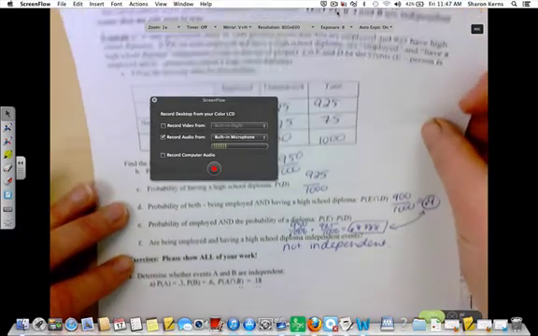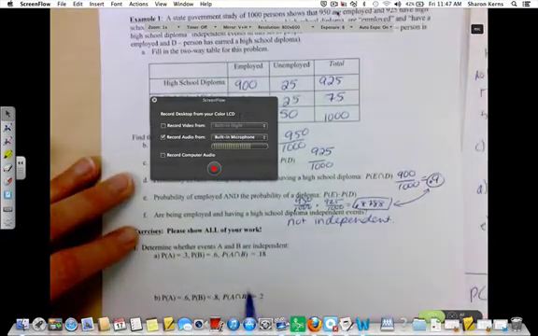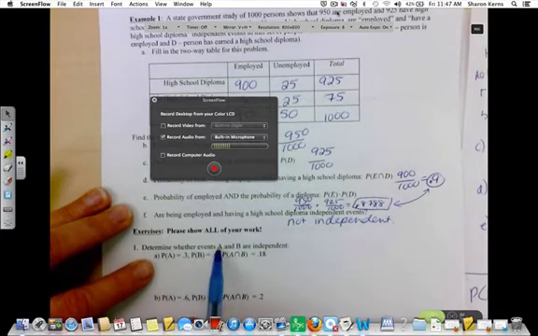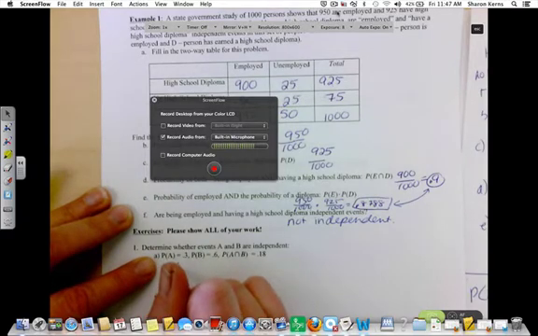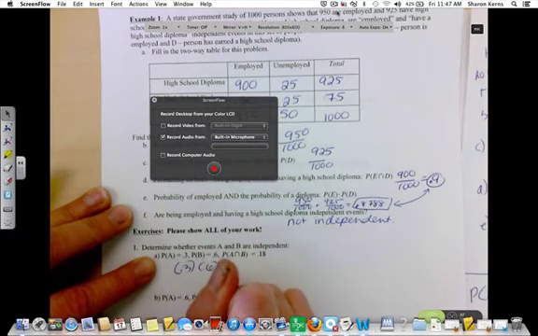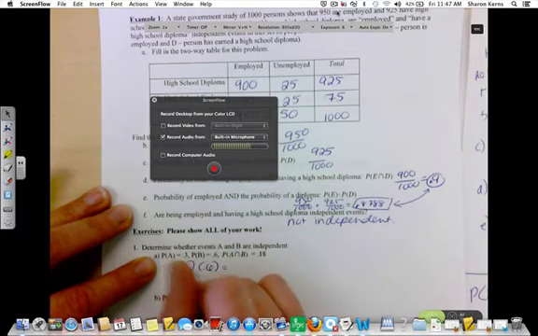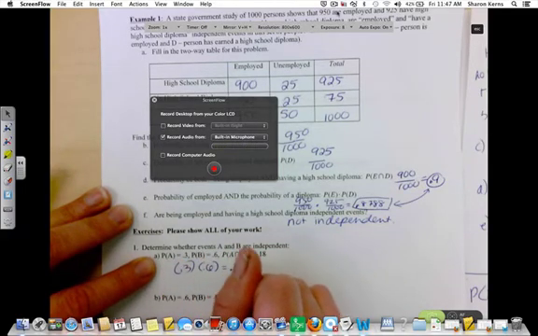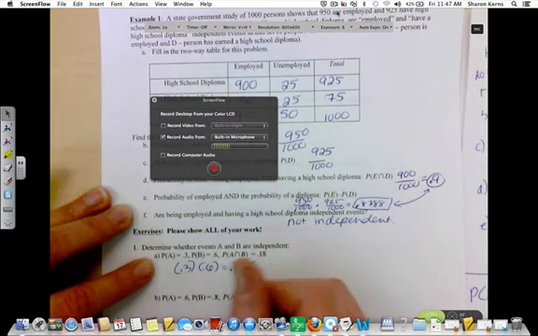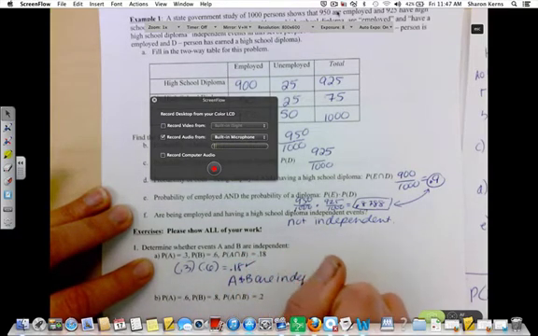On the bottom of the page, here's just some simple multiplication problems. Let's see if A and B are independent. So here's the probability of A and the probability of B. If I multiply those, do I get the probability of A intersection B? So 0.3 times 0.6, yes. So A and B are independent.